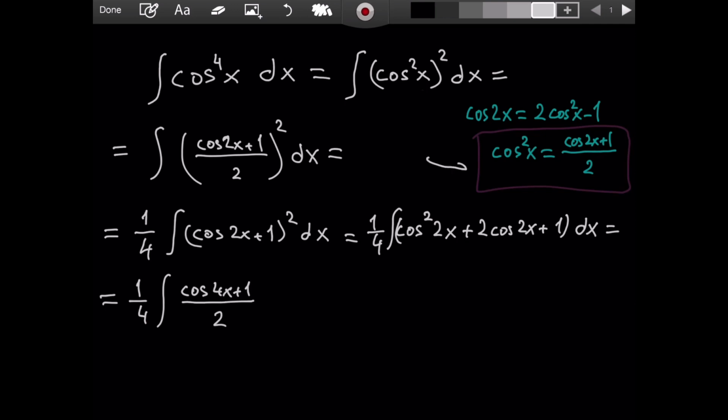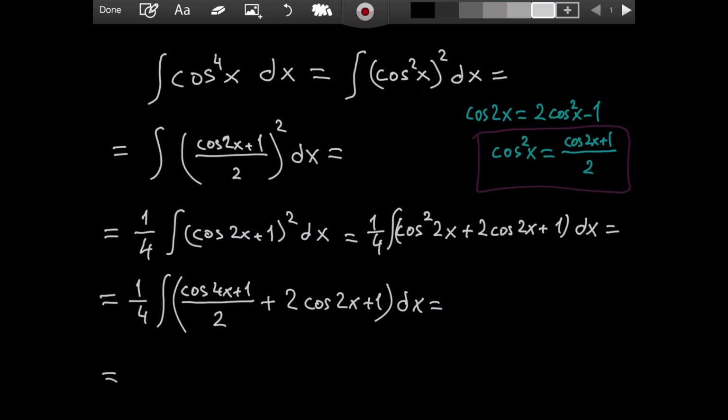Because as you can see from this equation, if I replace x by 2x, then this guy becomes cosine of 4x. And the rest is the same. We substituted that, plus we don't need to substitute for the others. They are pretty standard integrals. We have 2 cosine 2x plus 1 dx.